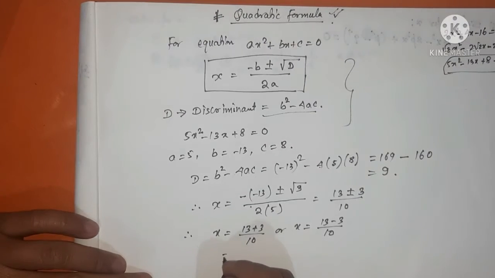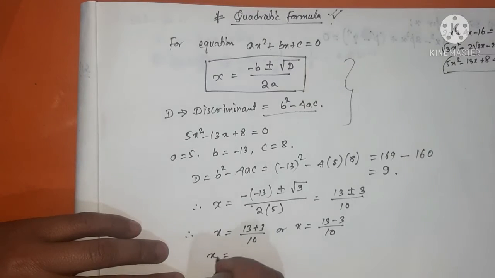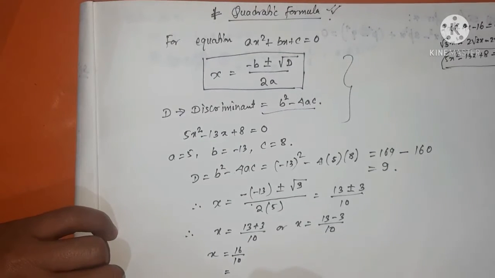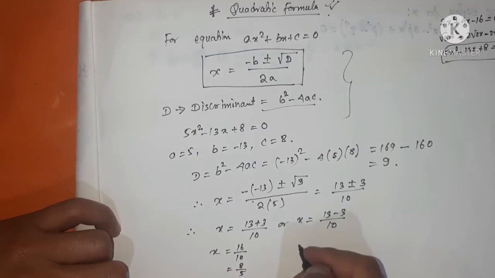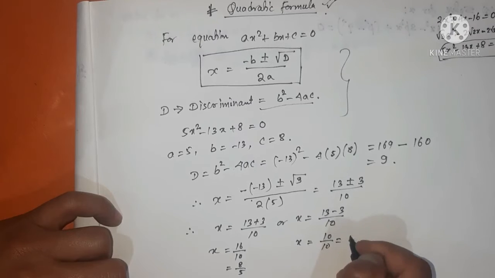As you know, the quadratic equation has two values of x. So this gives you x equals 13 plus 3 is 16 by 10, that is 8 by 5, or x is equal to 10 by 10, that is 1.